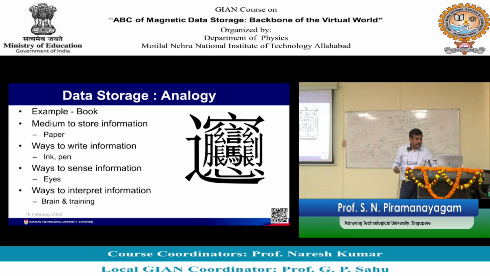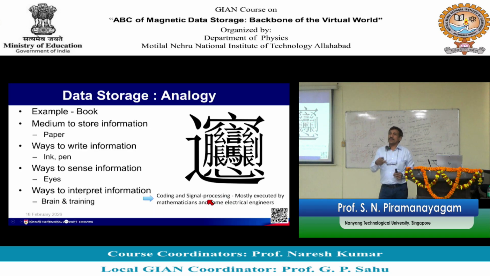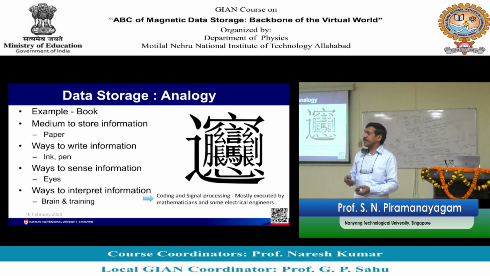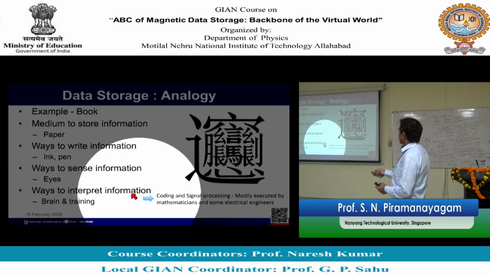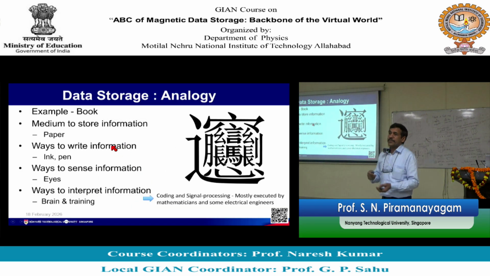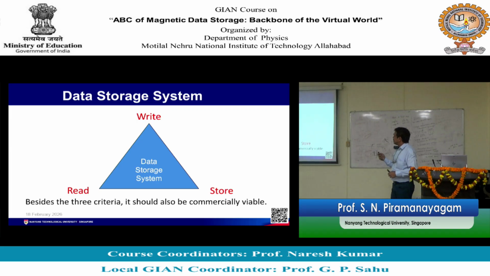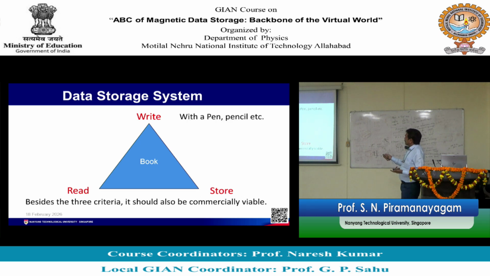Here I mentioned that there is coding and signal processing. This is mostly done by mathematicians or electrical engineers, but I understand here most of you are physicists or material scientists. So we will not look at this part. We will focus on how we write information, how we store information, and how we read information. In the case of a book, we write with a pen, a pencil, or ink.